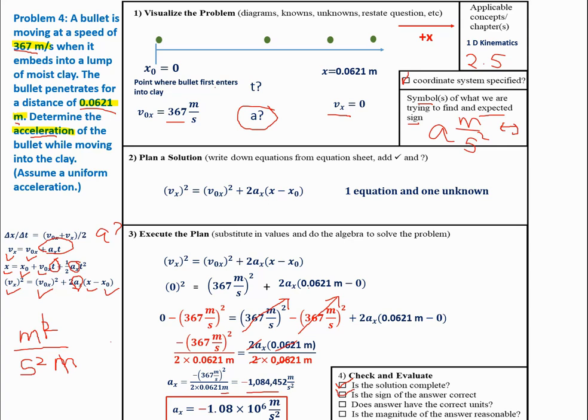Based on the coordinate system, we should expect a negative value for the acceleration, and we got a negative value. Does the answer have the correct units? Yes, meters per second squared. And is the magnitude of the answer reasonable? We have a large value for the acceleration, but this is the acceleration of a bullet, so yes, it makes sense and it's reasonable.